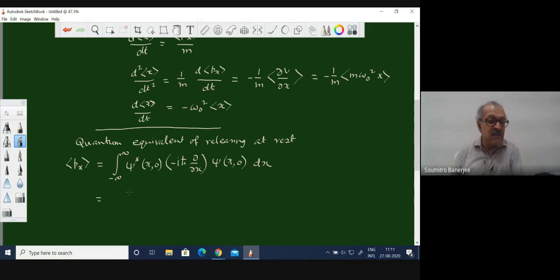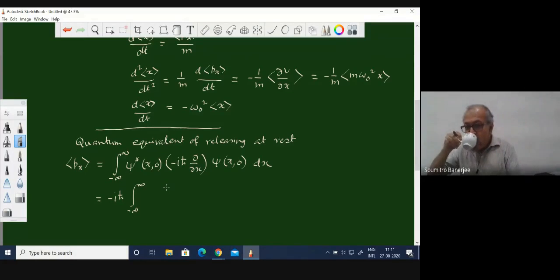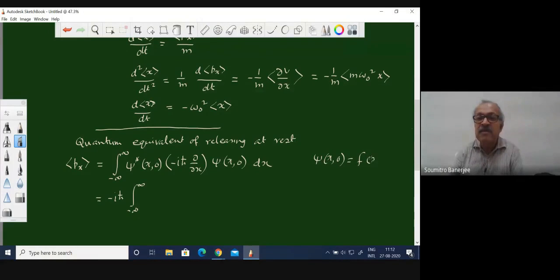I'll get this out, minus iħ, and then integral from minus infinity to infinity. Well, say you assume psi(x, 0) is some function f of x.